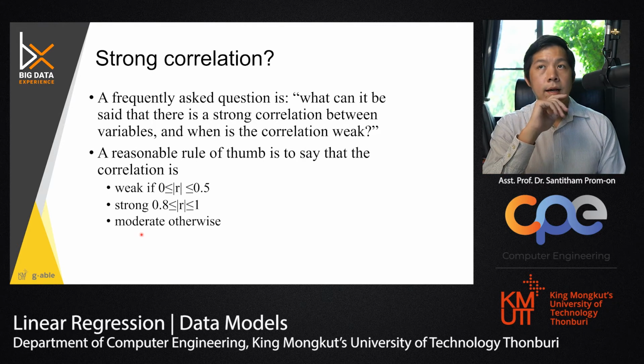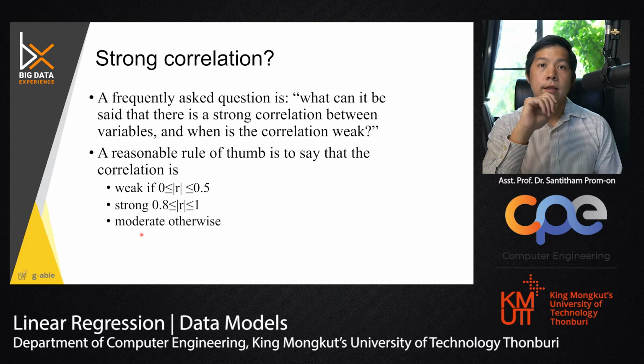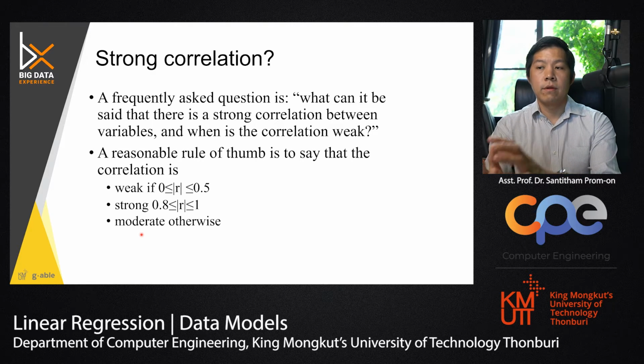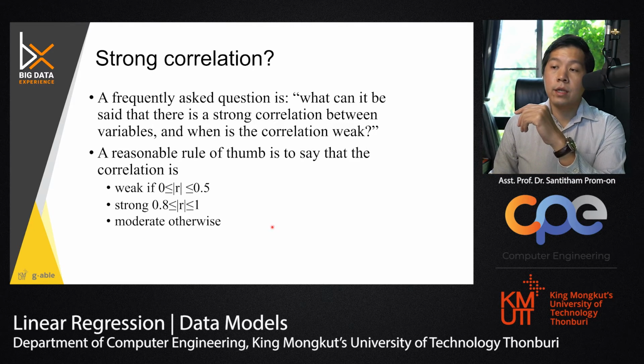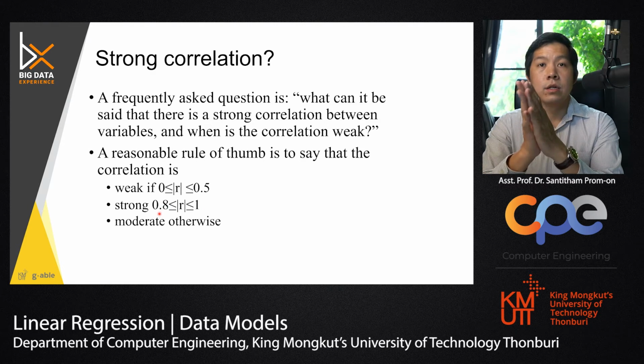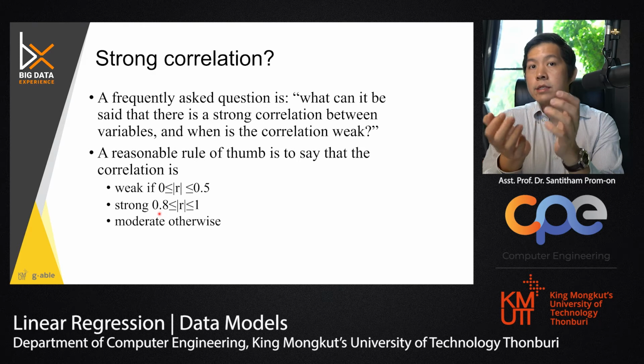In my research in 2014, I think, I used a correlation threshold of about 0.3 to determine weak, and 0.7 to determine strong. So it depends on the data.